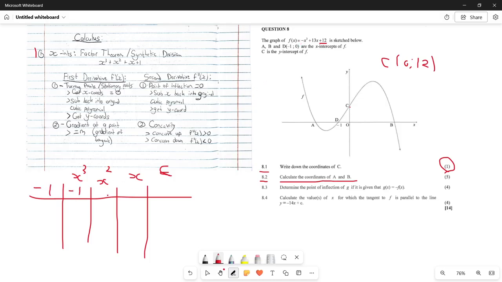Our x squared has a value of 0 because there's no x squared in this case. And for the synthetic division, we cannot leave out any of the numbers in front. So what we then have to look at is our x. Our x has a positive 13, and then plus 12 is our last thing here.